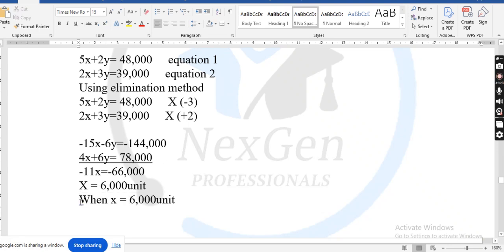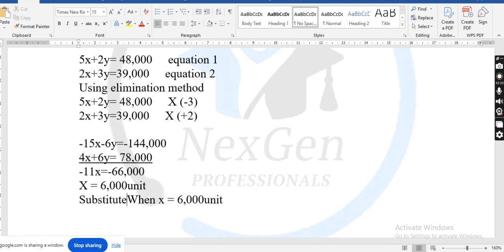Let me say, substitute X equals to 6,000 in equation. Which equation? Equation 1 or 2? Equation 1.